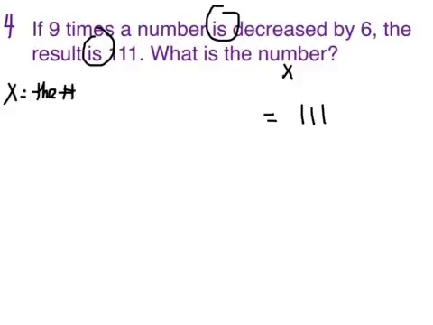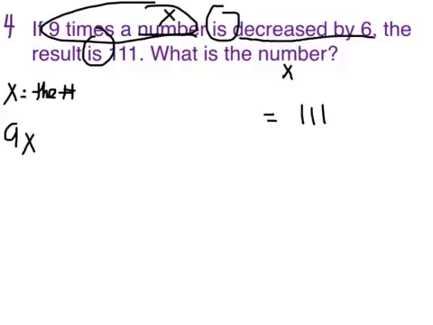So let's start reading. We called our number X. I noticed the word number is right here, so I'll put an X here. If 9 times a number, well, 9 times a number, that means 9x. Okay, so we're talking about 9x here. If 9 times a number is decreased by, now decreased by is the same sort of thing as less than, isn't it?